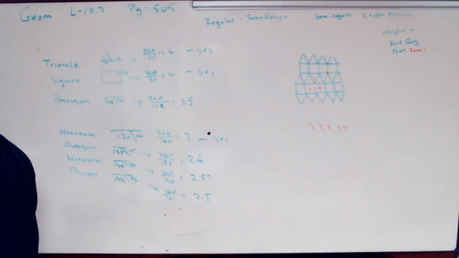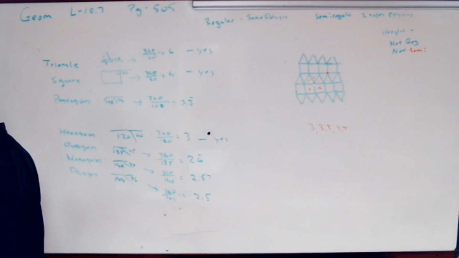And I've kind of already told you that. Number 5, write out the numbering system for it. 6, 7, 8, 9, 10. On 11, determine whether it is regular, semi-regular, or irregular, and use the numbering system for the regular or semi-regular. If it's irregular, you just write irregular.